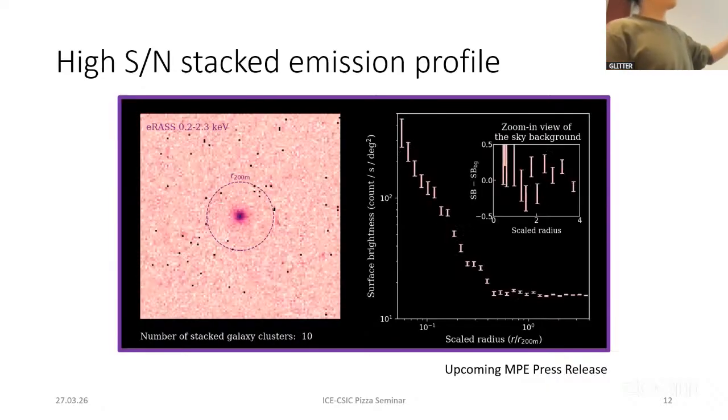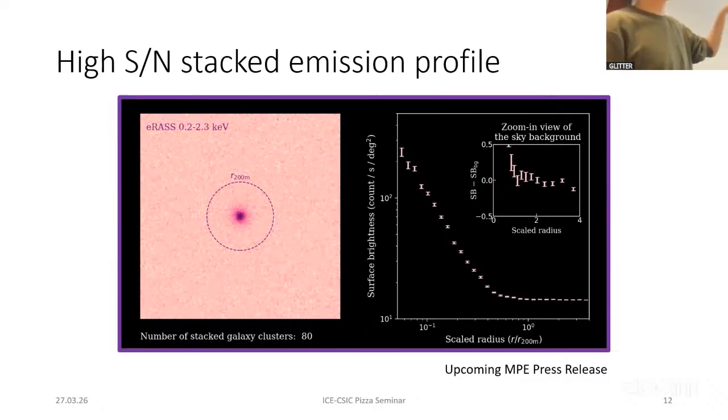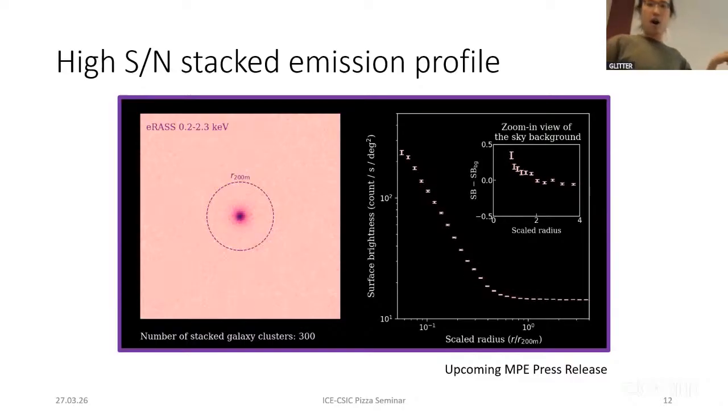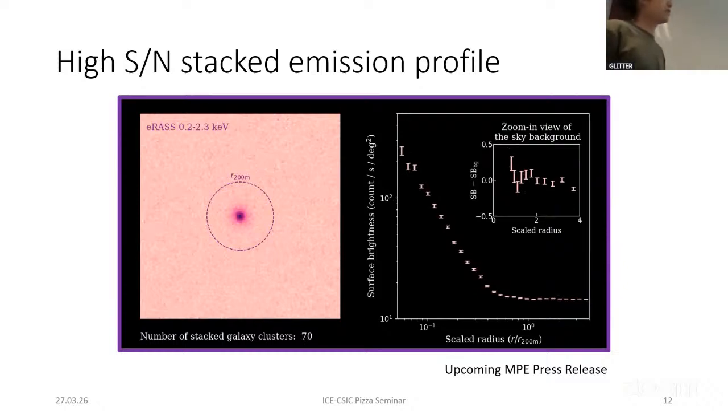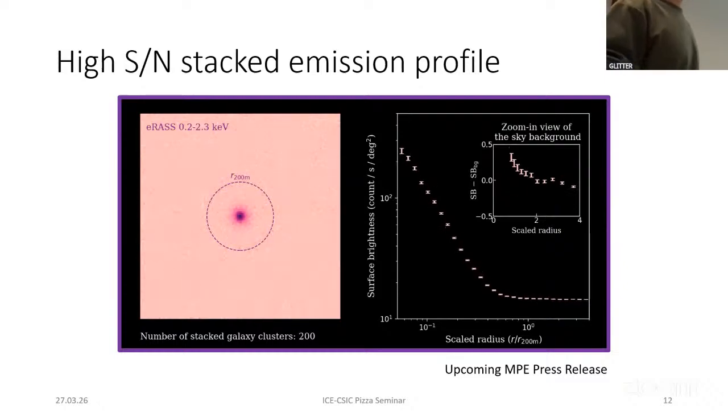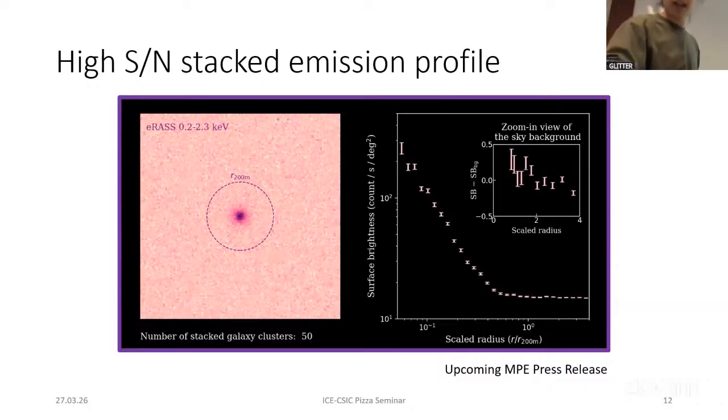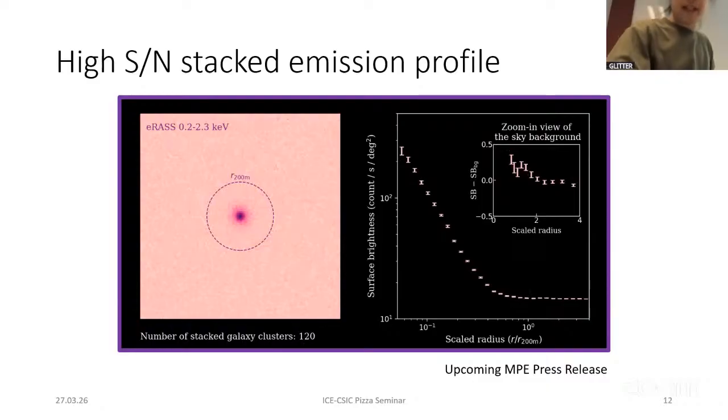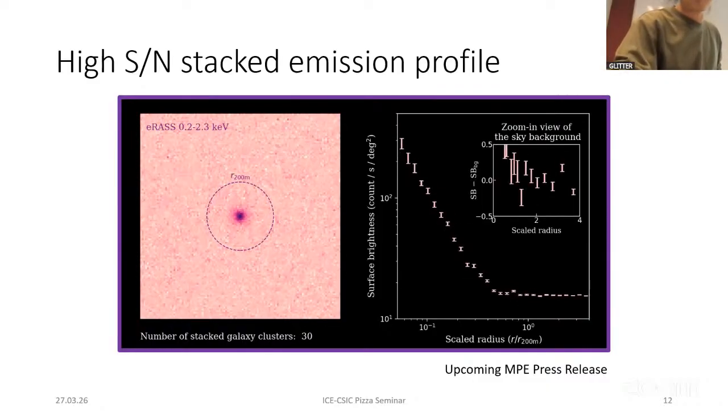You see the shrinking of the error bar, and the inset is a zoomed view around the background region. So after stacking 100, we clearly see a very smooth trend from the halo dominant to the background dominant region. So with this stacked profile in the last frame, we do our analysis.